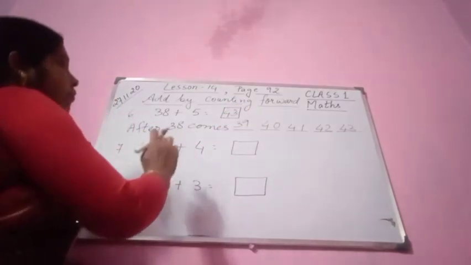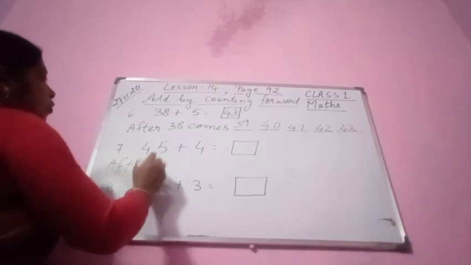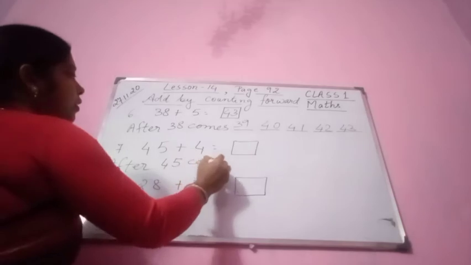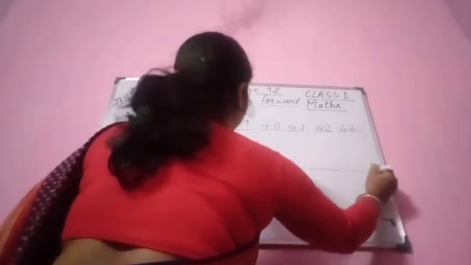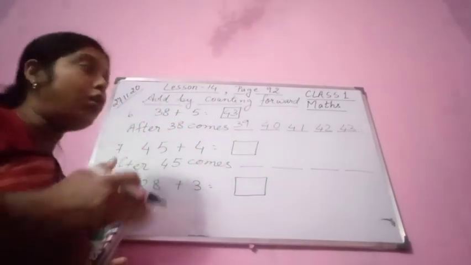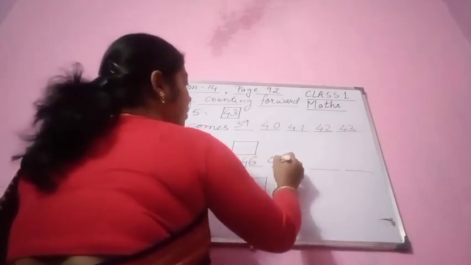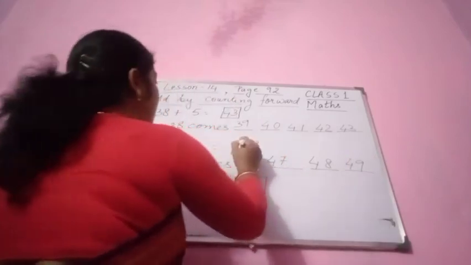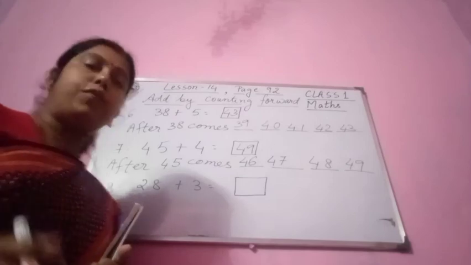Now next number you see 45 plus 4. After 45 we are going to count 4 places forward. 1, 2, 3, 4. So 46, 47, 48, 49. 45 plus 4 equal to 49.